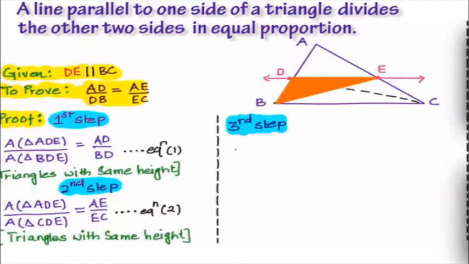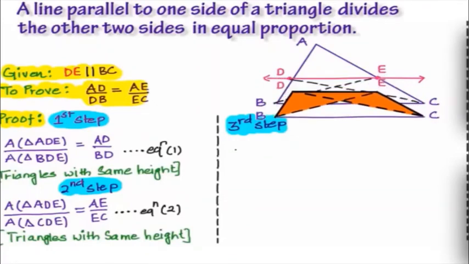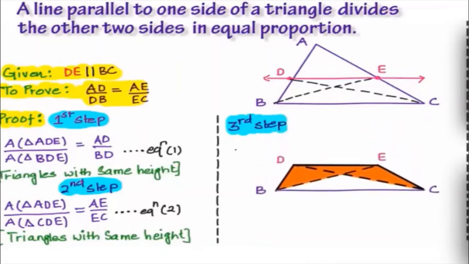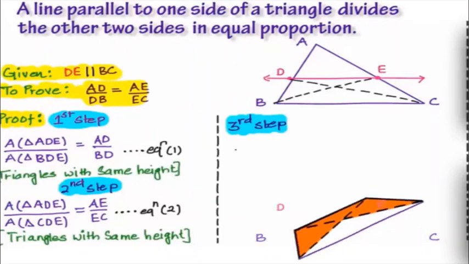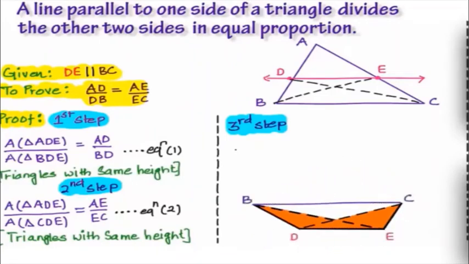So let us focus on triangle BDE and triangle CDE. By looking at the figure and applying some logic, we will be able to figure out that the areas of triangles BDE and CDE are equal. In triangle BDE, let us take the base as DE, and in triangle CDE, also consider the base as DE.